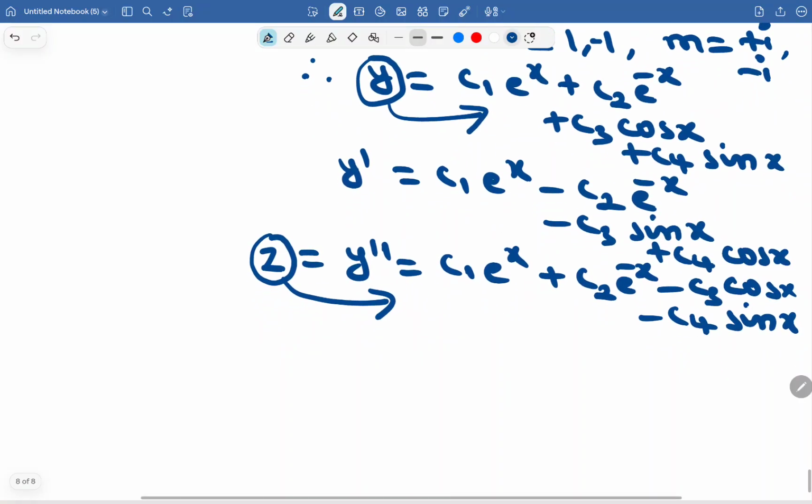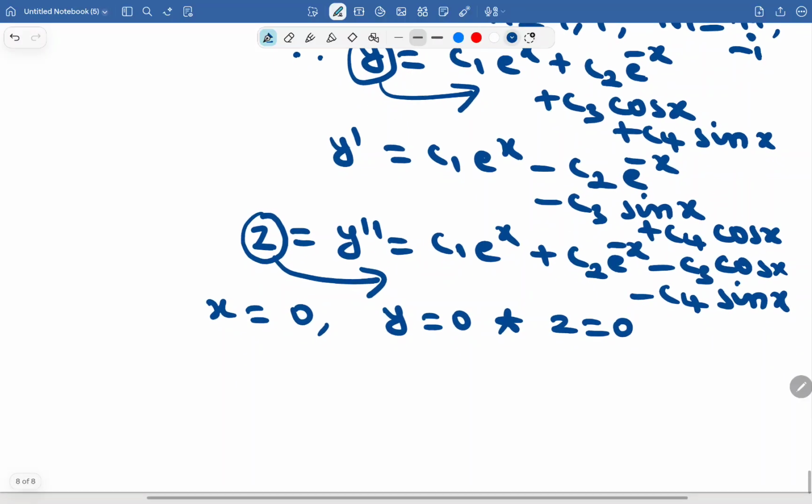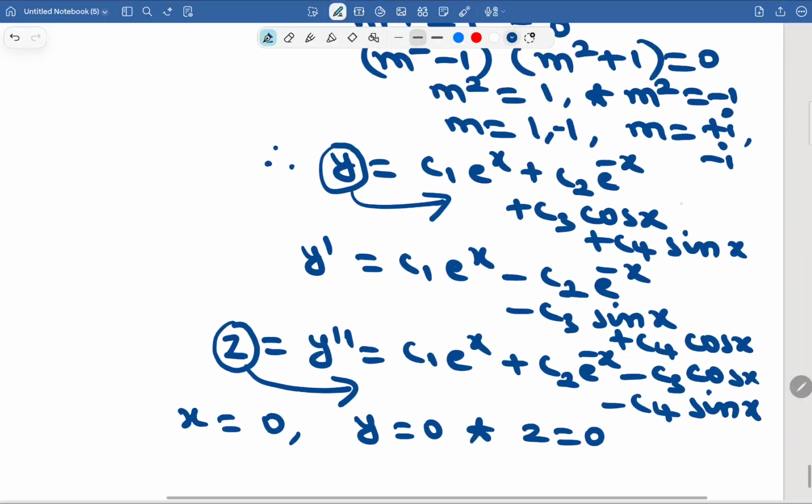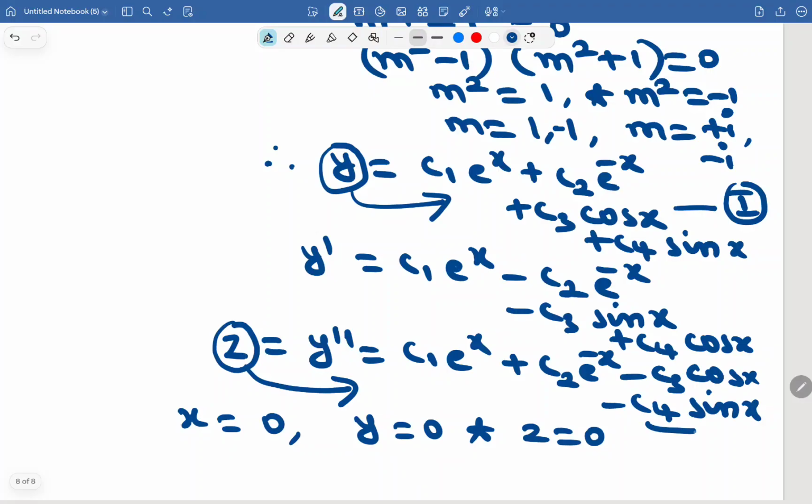Now apply the conditions. X equal to 0, y0 and z0. This is equation 1, this is equation 2.